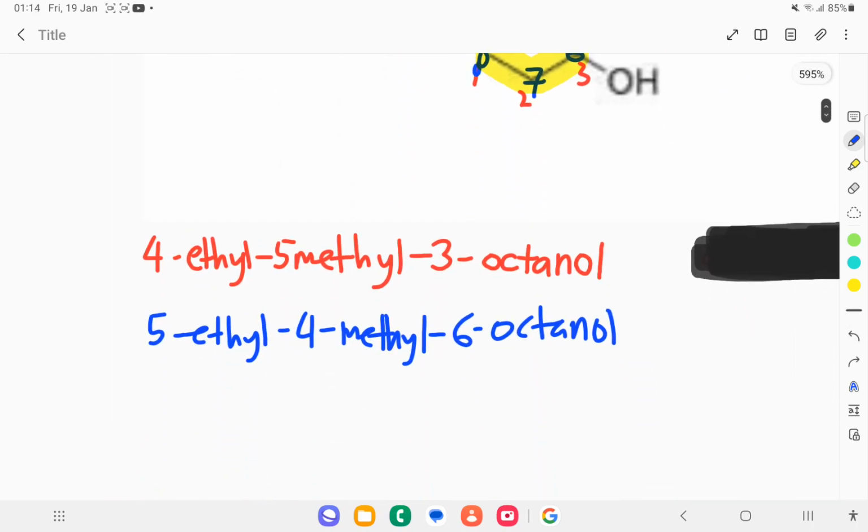So which one is correct, the red one or the blue one? The answer is the red one. Why?